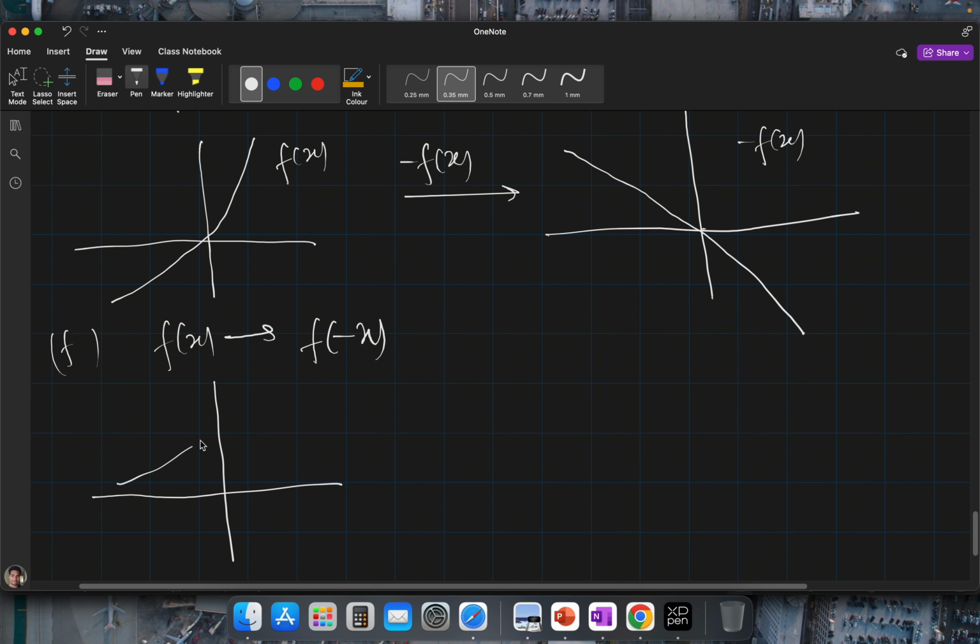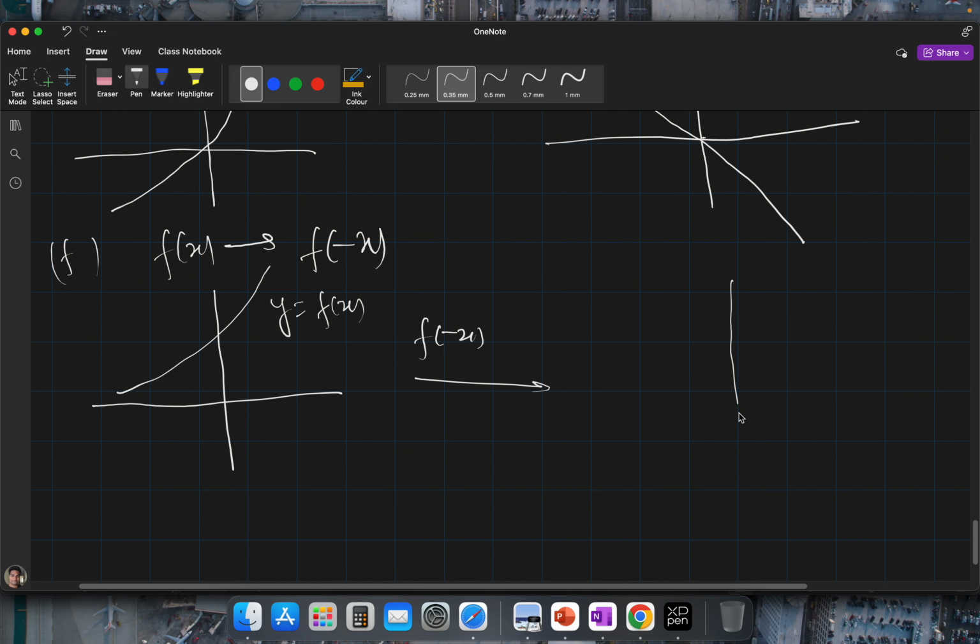Suppose earlier the graph was like this. Now I have transformed this to f of minus x. Then what kind of transformation will it be? How will it be transformed? This time there will be a vertical mirror image.